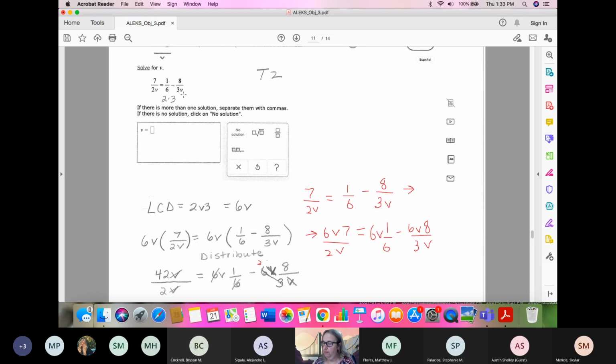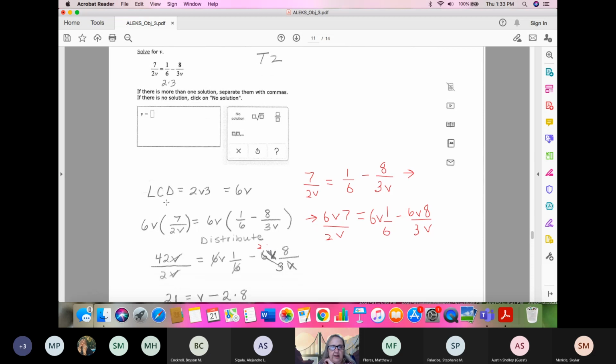Step 2, multiply both sides by the LCD. Well, let's find the LCD first. LCD, short for least common denominator, you want to take the first denominator in factored form. This is already in factored form, so you just copy that down, 2v.